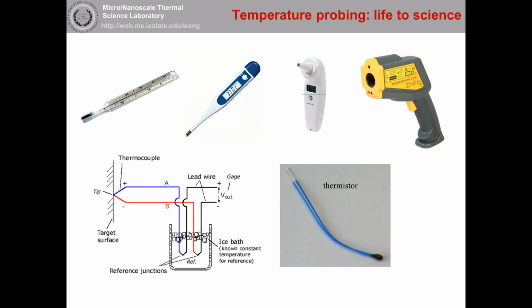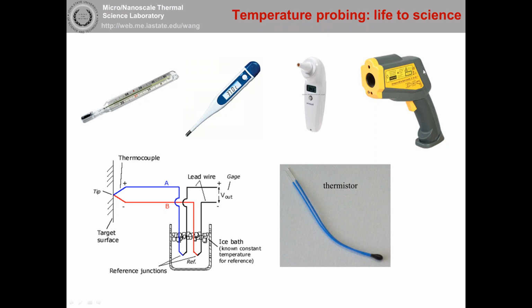So this slide shows how people traditionally measure temperature. You see the one on the top left. This is the thermometer, which people used in the very old times, but it still works really well. And this one is a modern one. It's good, and it's also very fast. This one people use for temperature measurement by measuring the infrared radiation.